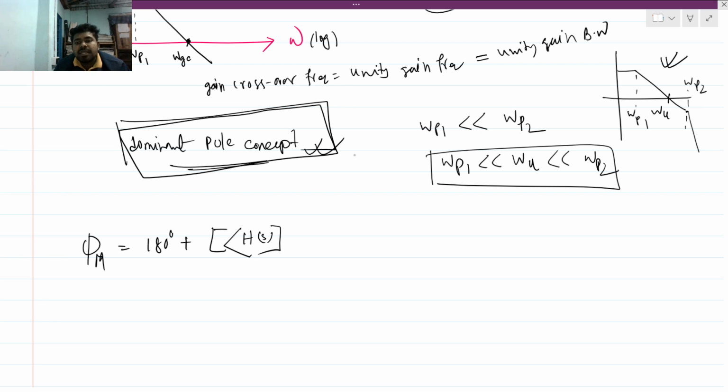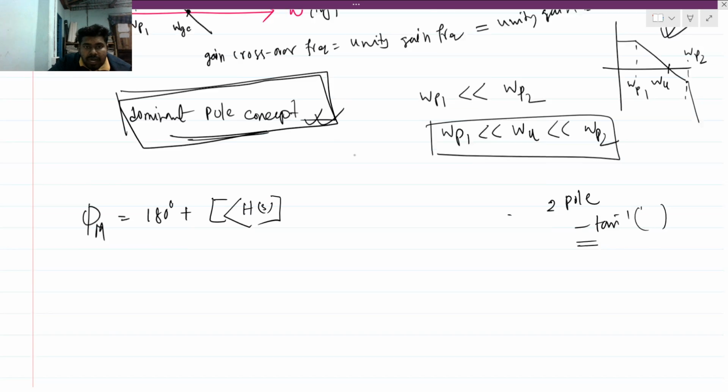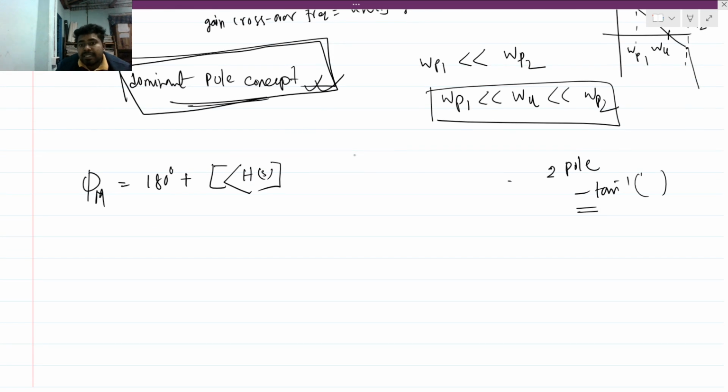So we know that for a two pole system, the phase margin is like negative, right? Like minus tan inverse of something, right? We know that. So now for second pole system, and there is no zero present, right? No zero.